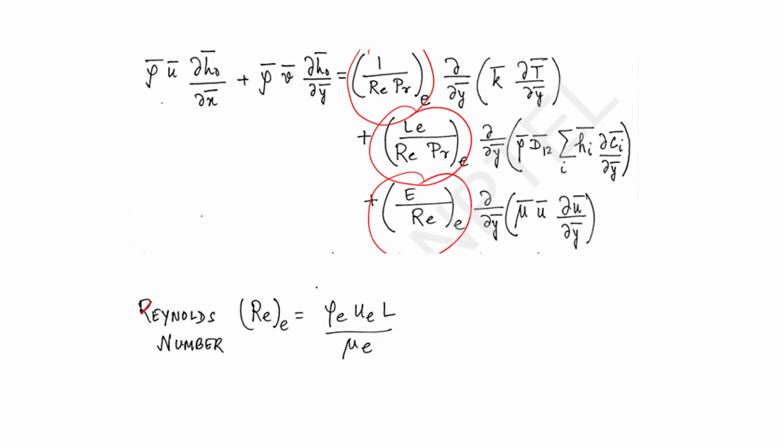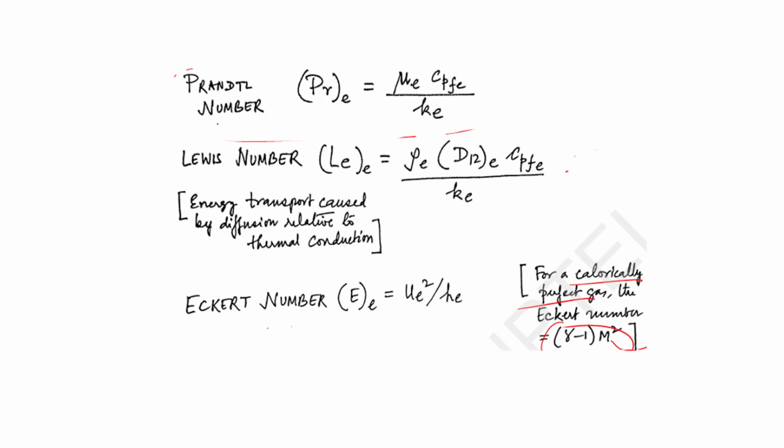And these Re, Pr, Le and E are non-dimensional numbers, where Re is nothing but the Reynolds number, which is given by rho e u e l upon mu e. Prandtl number Pr is given by Pr equals mu e Cp_fe upon k e. Here Cp_fe is for frozen flow.